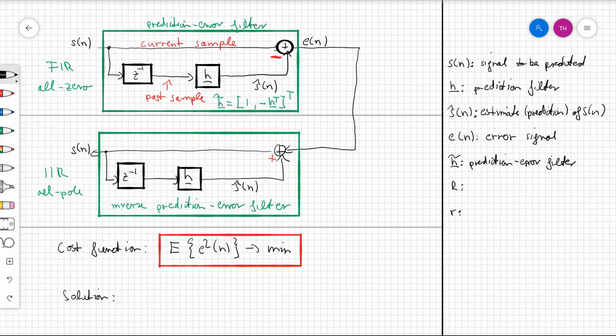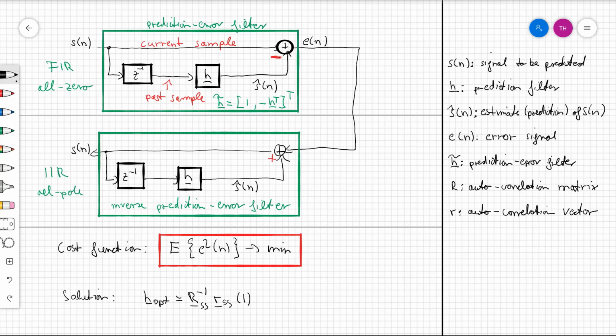The solution is that the optimal filter coefficients equal capital R_SS and the inverse of that, times small r_SS at 1. Capital R is the autocorrelation matrix, and here small r is the autocorrelation vector. We look at autocorrelations here, not cross-correlations.